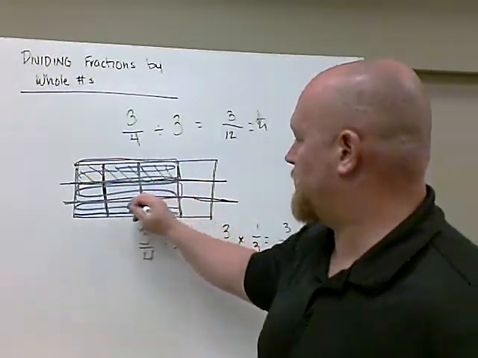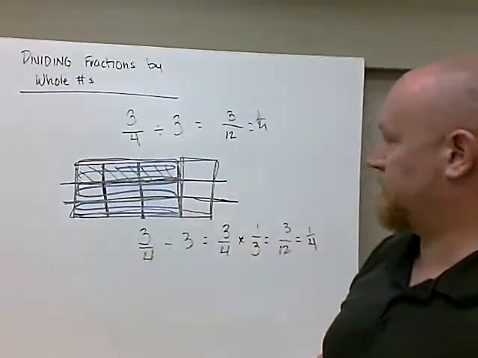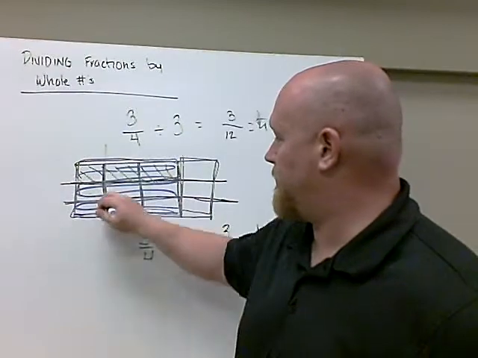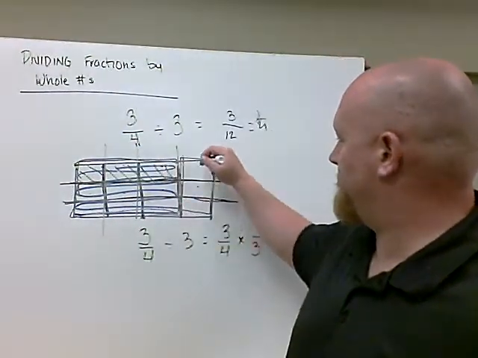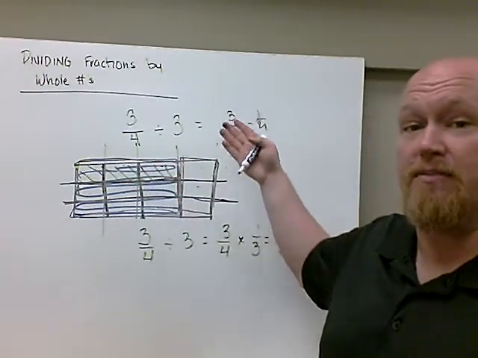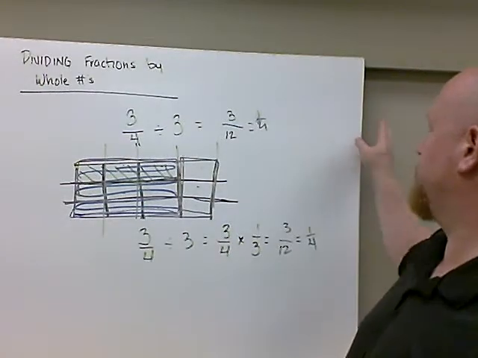Here's a third set of 3. And then here's the 4th set of 3. But we also notice that 1, 2, 3, 1, 2, 3. So when we take 3/4 and divide it by 3, the value ends up being 1/4. Each piece is worth 1/4.